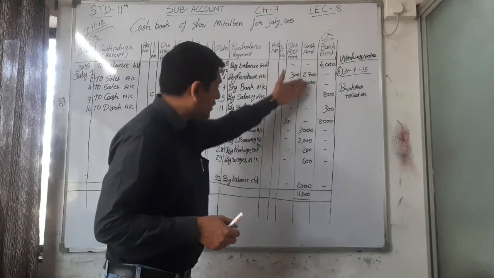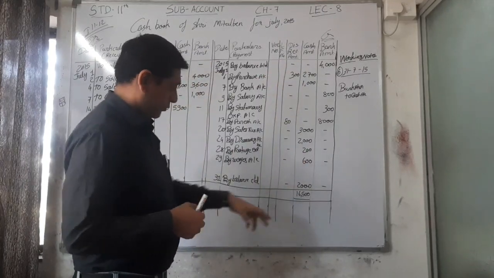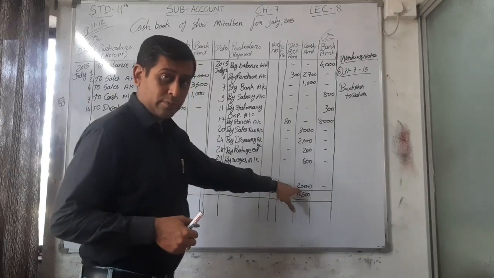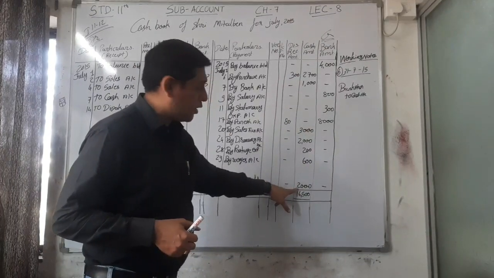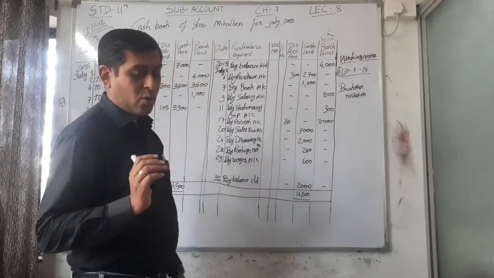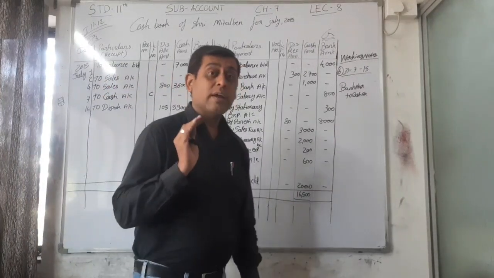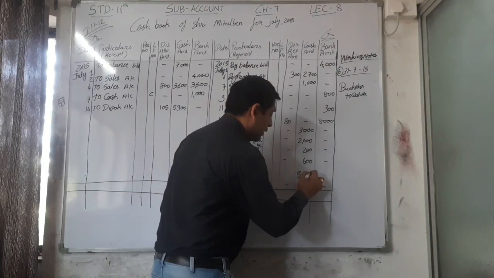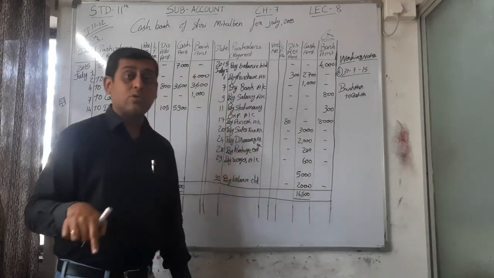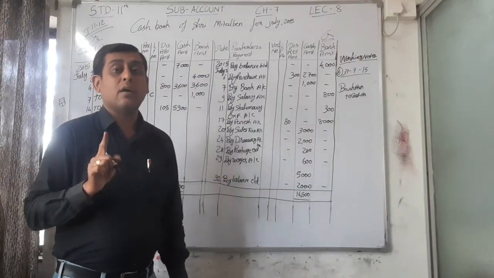The total of these is 11,500 including this 2,000. Okay, so the total of this side is 11,500. So the remaining amount is 5,000. Here we find out the remaining amount 5,000, and it is deposited to the bank account.